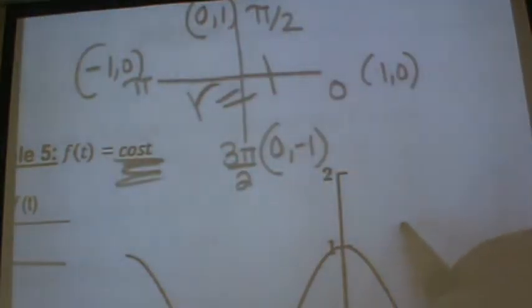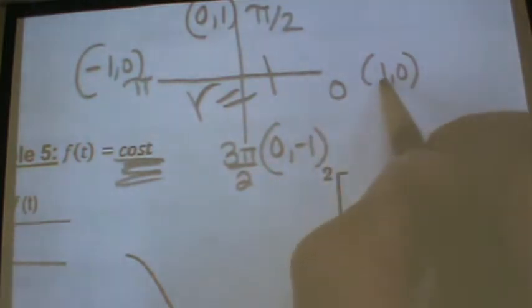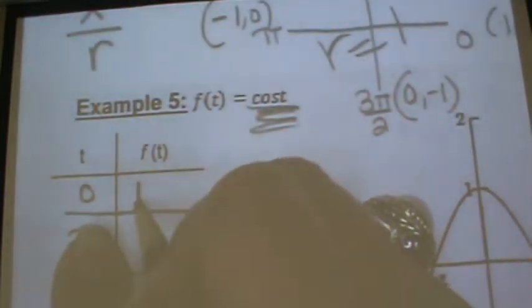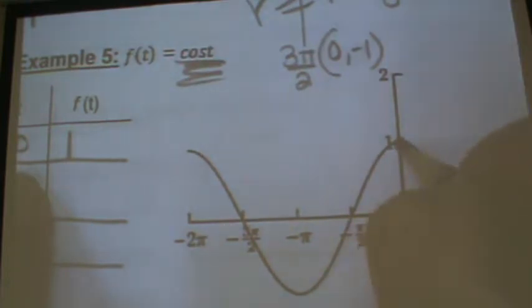And by the way, r is 1. So we're basically looking at all of the x values. What is the x value at 0 radians? 1. So that's why you have this point right here at 0, 1.